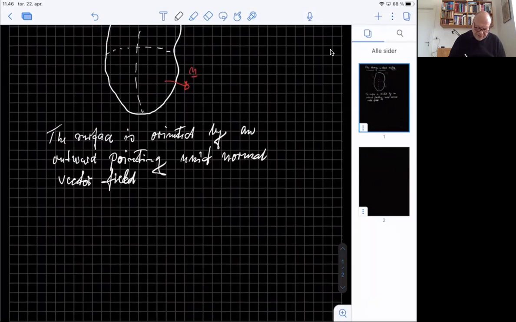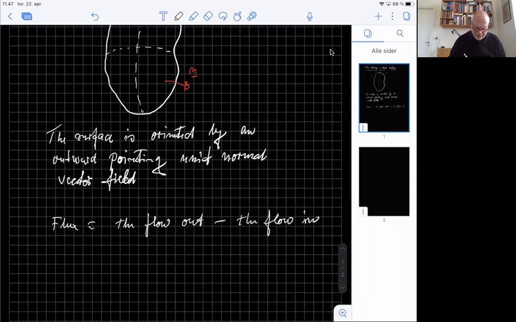So I could say that the flux out of this surface is equal to the flow per unit time out minus the flow in.